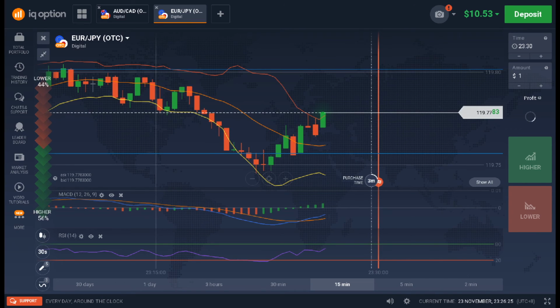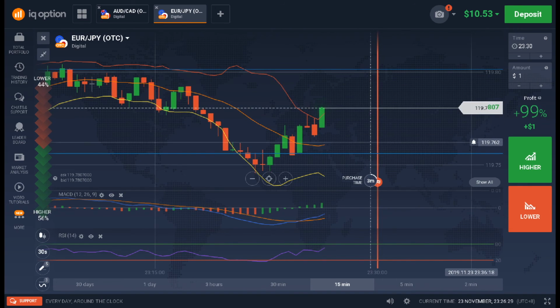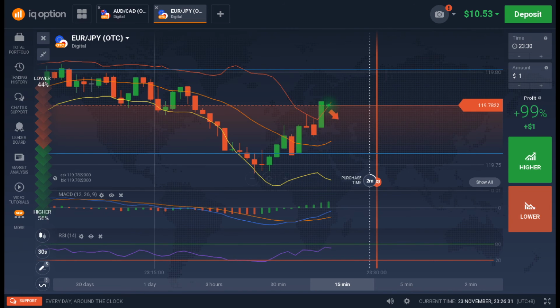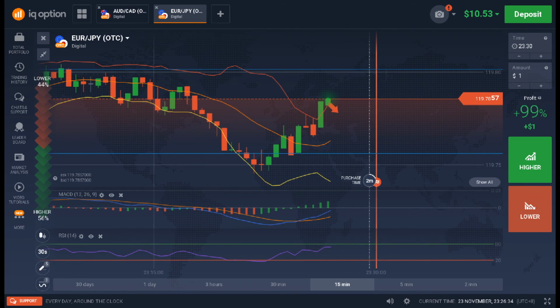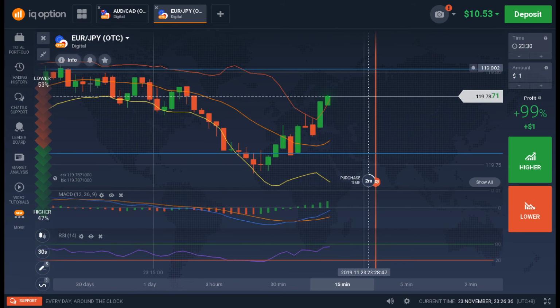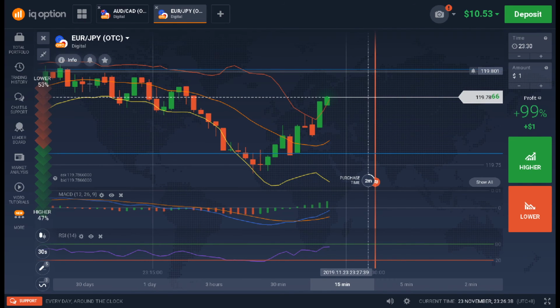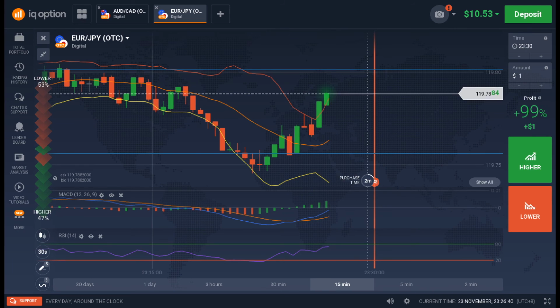Okay, see that? Very ambitious, even with my internet being so slow. Let's see if it will reach this level, the blue line.